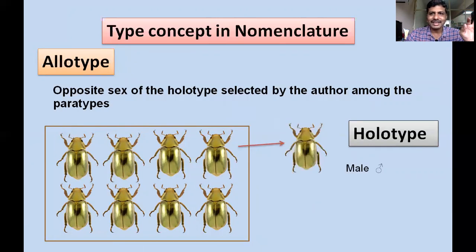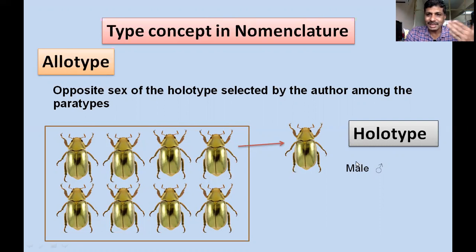Then allotype. What is the meaning of allotype? It is the opposite sex of the holotype. Say, among those 8 individuals, the first describer has taken out one as holotype, and that one specimen is male. It is not necessary to be male; you can take out either male or female and designate it as holotype.